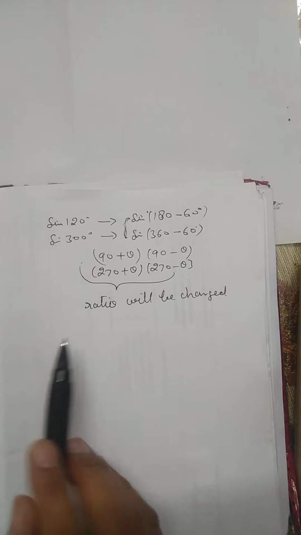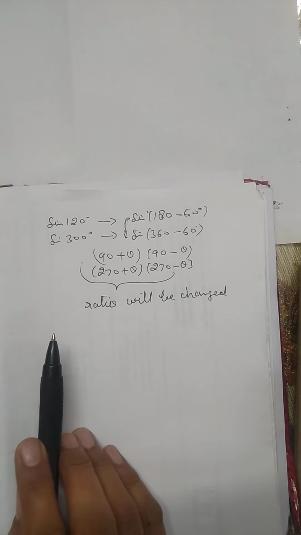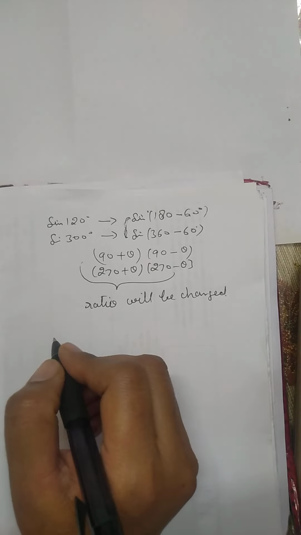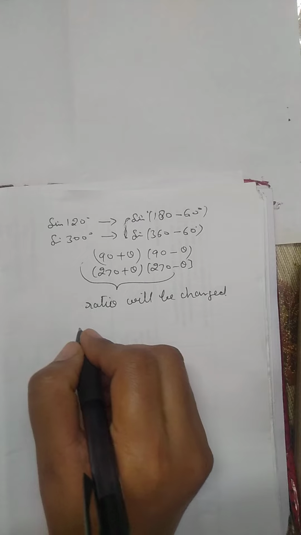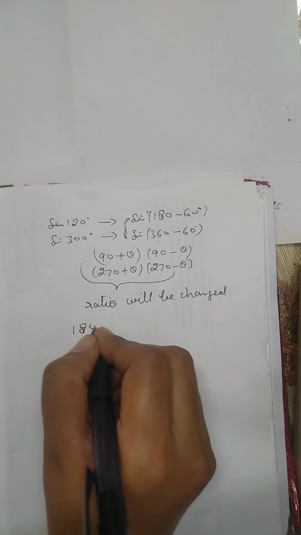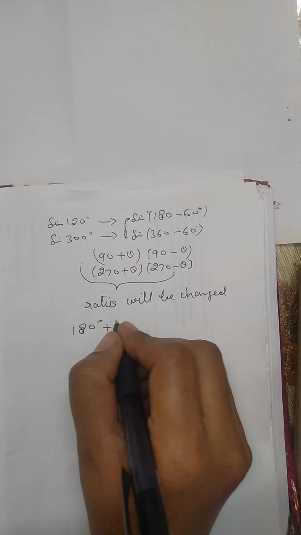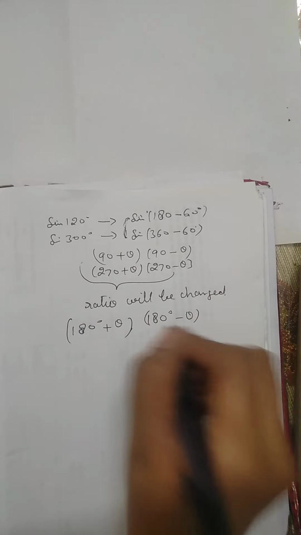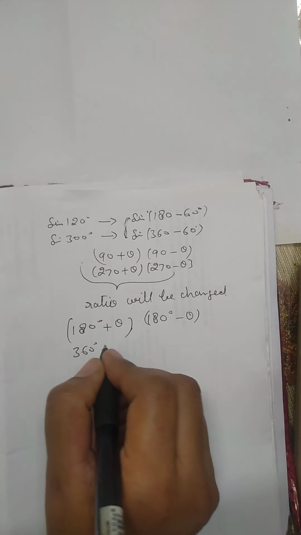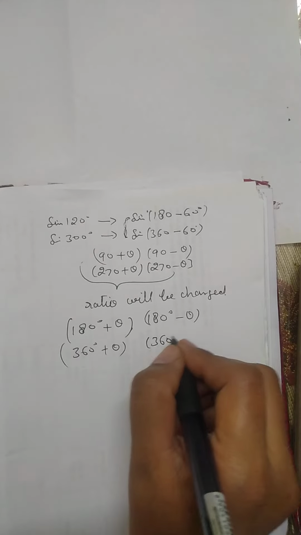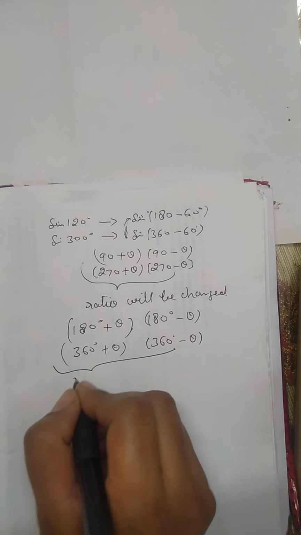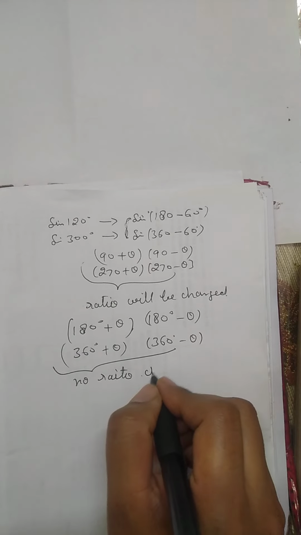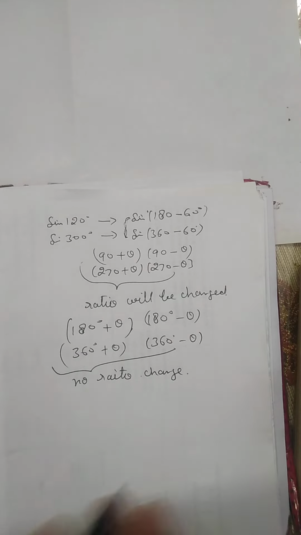Similarly, cot to tan, cosec to sec, and cos to sine. And if we are taking 180 degree plus theta, or 180 degree minus theta, 360 degree plus theta, or 360 degree minus theta, no ratio will be changed.